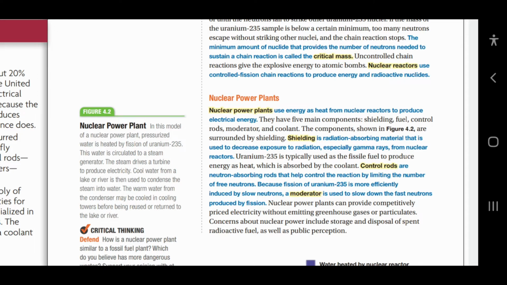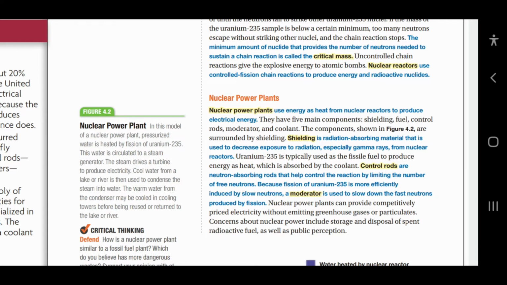So, at first, we need materials that will absorb the huge amount of radiation, especially gamma rays, as we said before, because they have the maximum penetrating ability. So we need to absorb them and prevent them from going outside, so we must use those materials as shielding for the gamma rays.